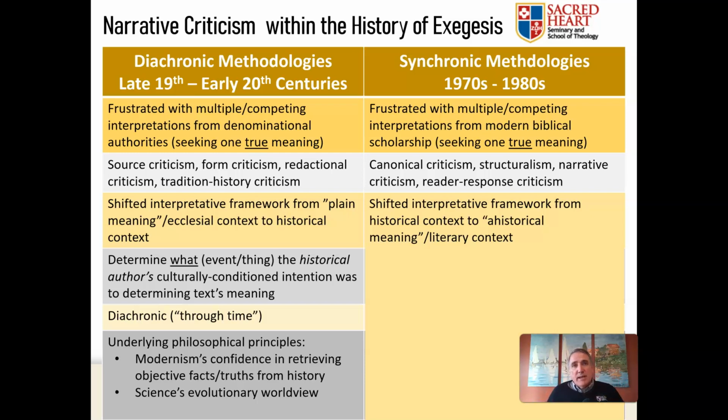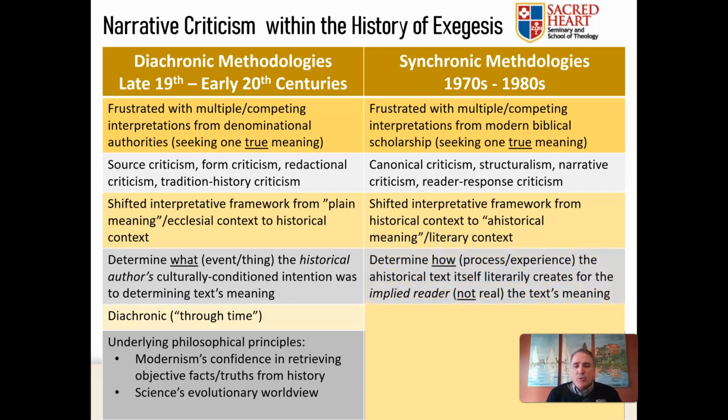text as an object, as a text, then maybe we can come up with this one true meaning. And it wasn't interested in reading it historically, because that results in these multiple competing interpretations. So we'll just say, how does the text itself function, and what does the text communicate? And we should be able to get to one meaning, right? Because the text is fixed. So what they were interested in wasn't the what.